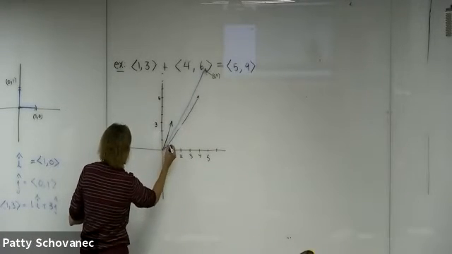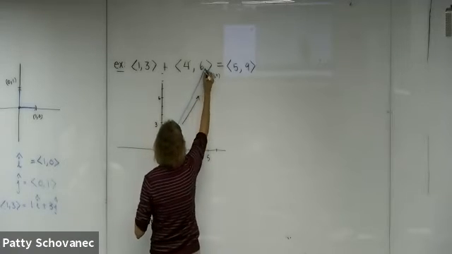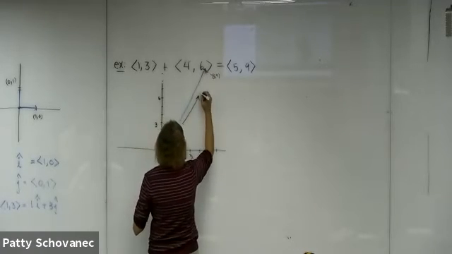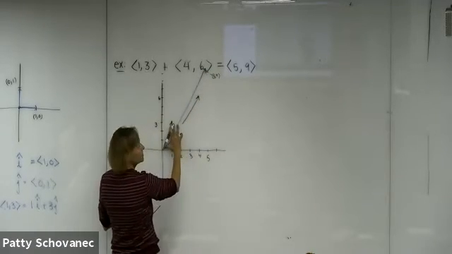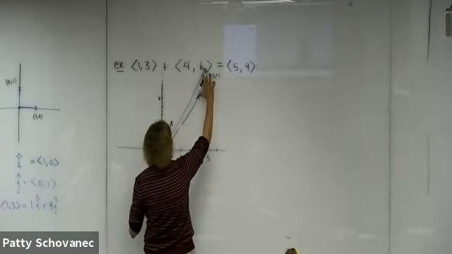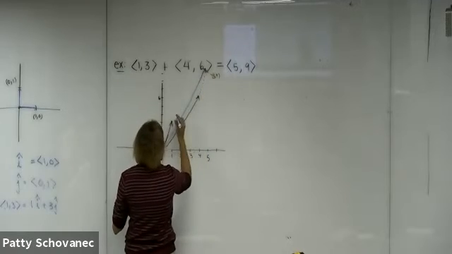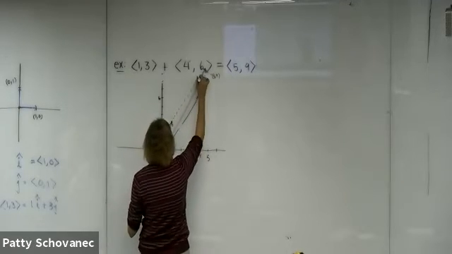Okay, so what I'm trying to show you is that the sum of two vectors yields a vector and not just any vector. If I pick this one up, it fits right here in the same direction and the same length. And if I pick this one up, it fits right there.